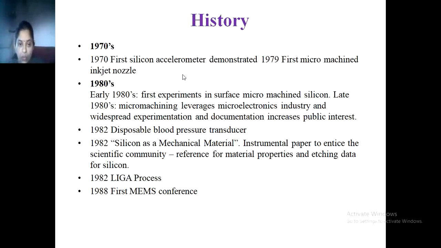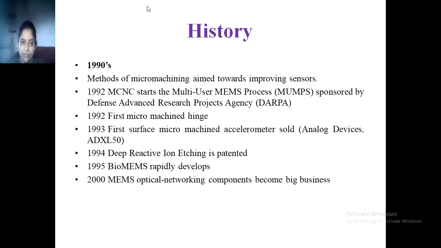In 1982, the disposable blood pressure transducer is introduced, and in 1982, silicon as a mechanical material, that is an instrumental paper to entice the scientific community, a reference for material properties and etching data for silicon. In 1982, the LIGA process is implemented for fabrication, and in 1988, the first MEMS conference is held.